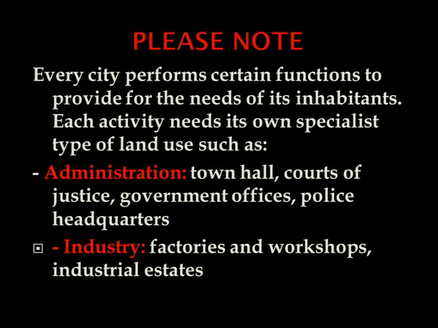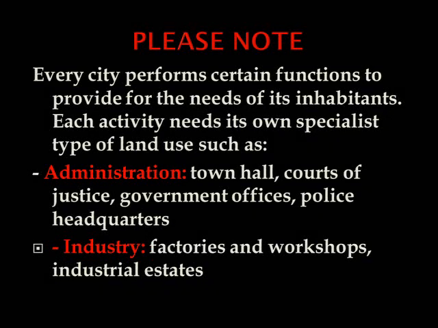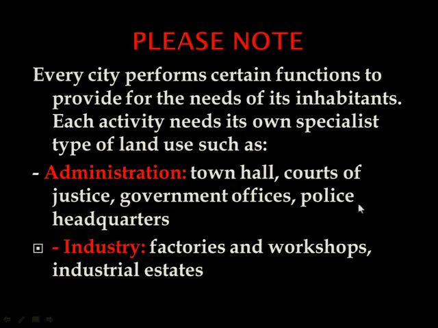What are we saying? There has to be an area for administration, because it's an activity. There has to be a town hall, there are courts, there are government offices, there are police headquarters. Every city needs to have these things, because now we are going to say there is a land use for administration.